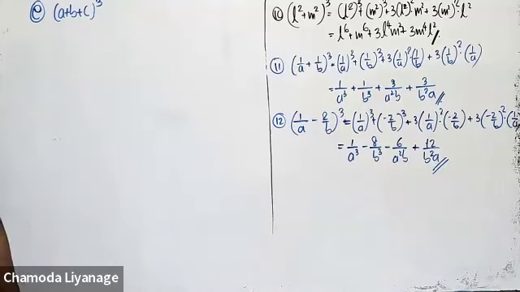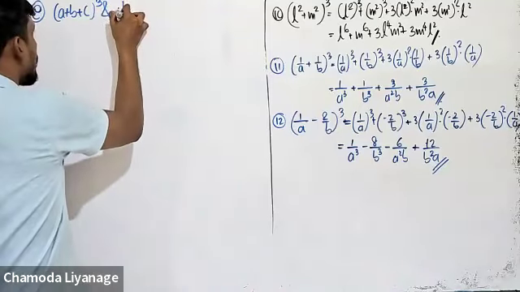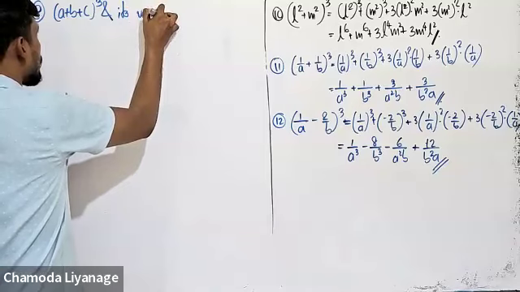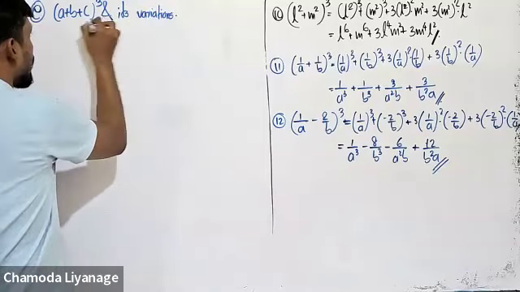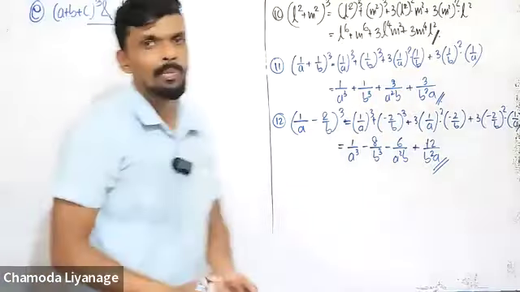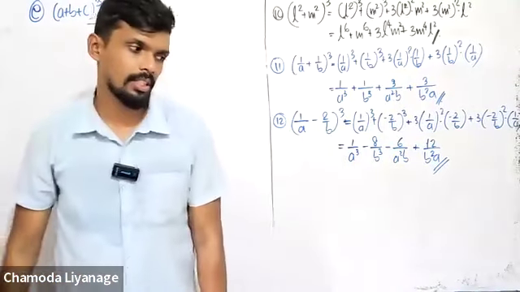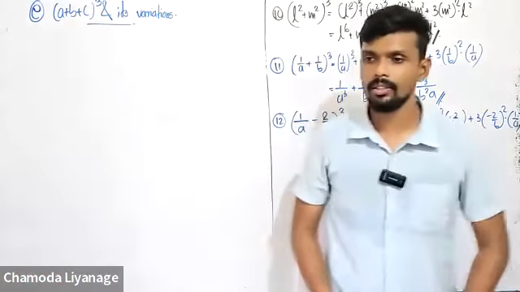Now cube of 3 terms and its variations. A plus b plus c whole thing cube and its variations. Okay.